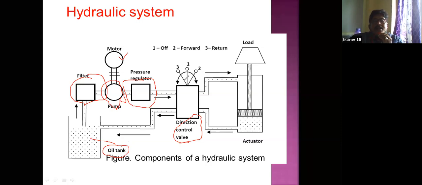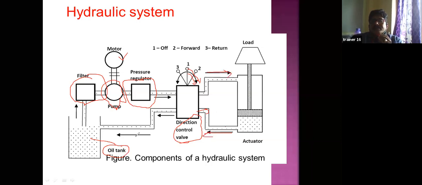And then in the directional control valve, if you observe clearly, it is like a lever. When you press it in this direction, that is position 2, the liquid enters in this direction.